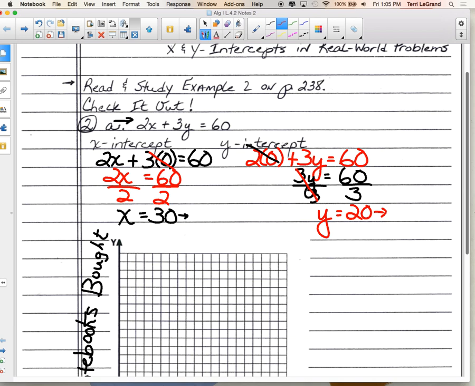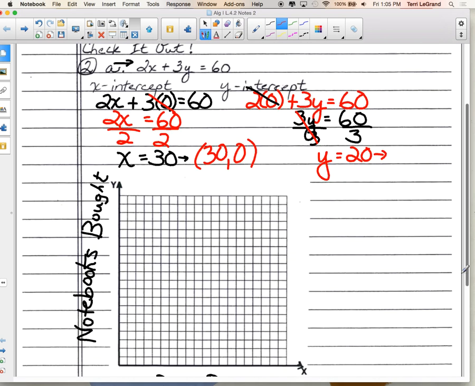So the x-intercept is ordered pair what? 30, 0. The y-intercept is 0, 20. Okay. So that means we need to be able to go out as far as 30 on the x-axis. We need to be able to go up as far as 20 on the y-axis.